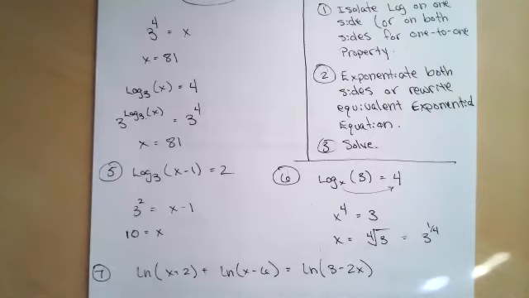So let's take a look. Step one, we always want to be able to isolate the logs, or we need both sides of the equation to just say log of something equals log of something. Then we can use the one-to-one property.